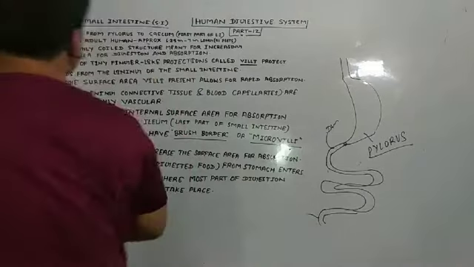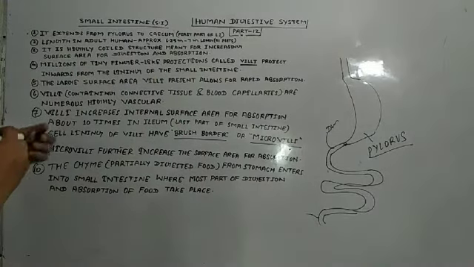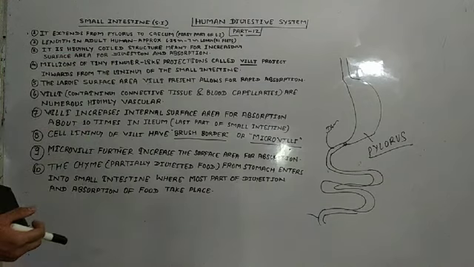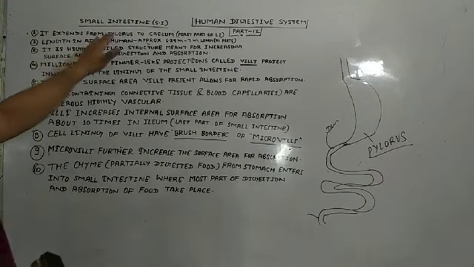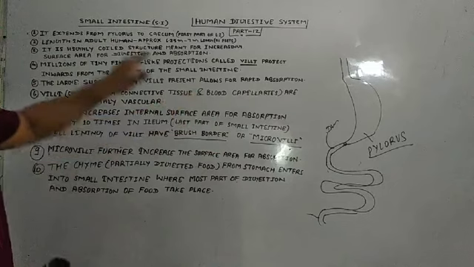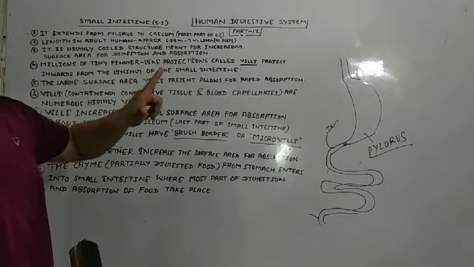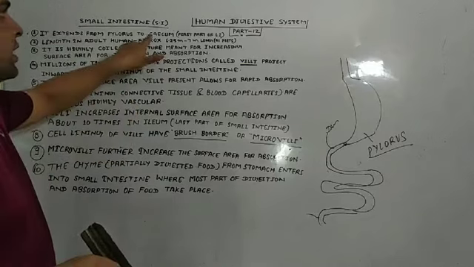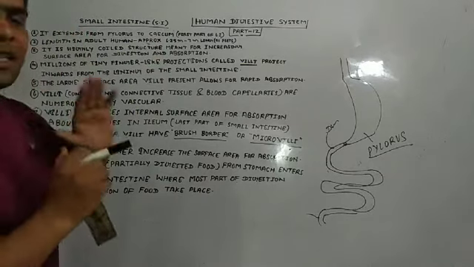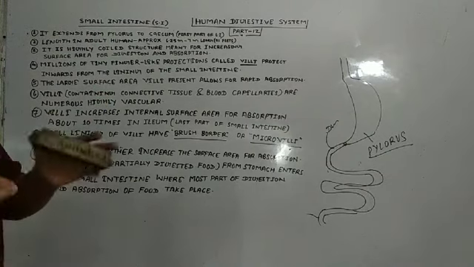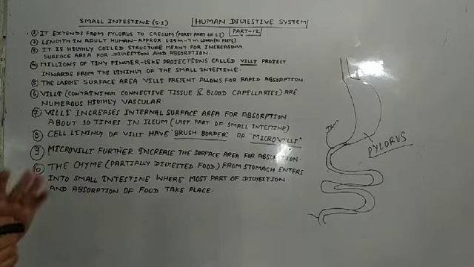So in simple words, the small intestine is present between the last part of the stomach, the pylorus, and the first part of the large intestine, the cecum. So very simple, it is found between the pylorus and the cecum. Clear, students?